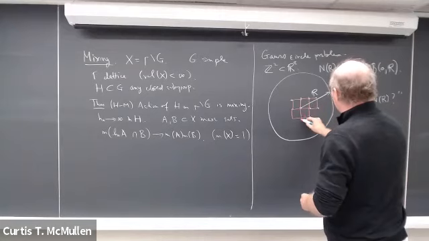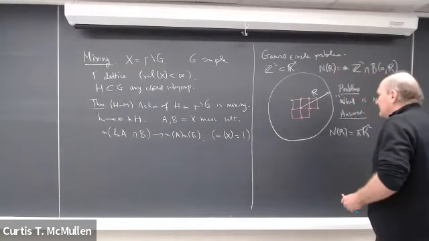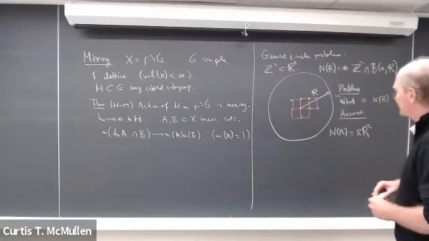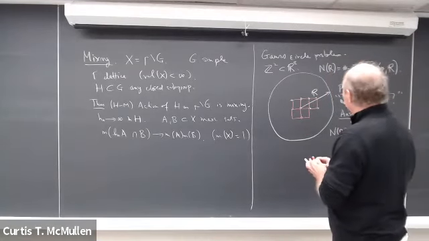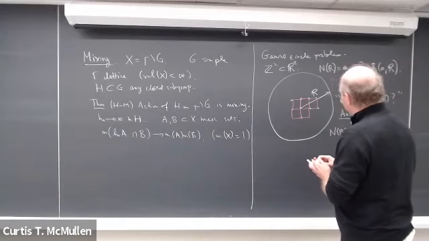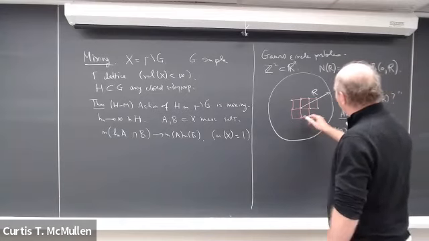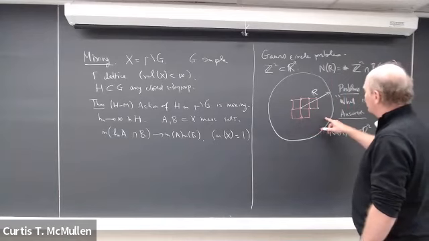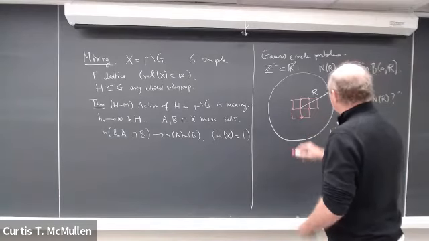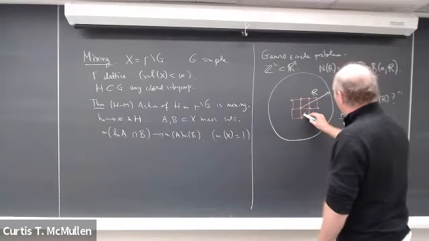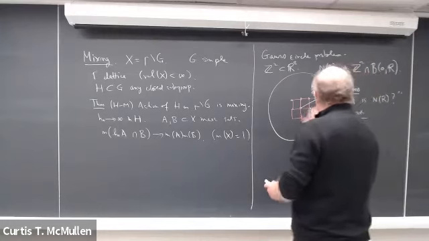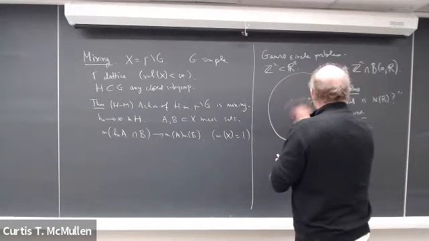Actually, I probably should have taken my squares to be centered at the integers. It doesn't matter too much. If a square lies entirely inside of the circle, then let's associate, if you like, to each square. Let me center the squares. I should have done that to begin with. Okay, so here's my lattice.